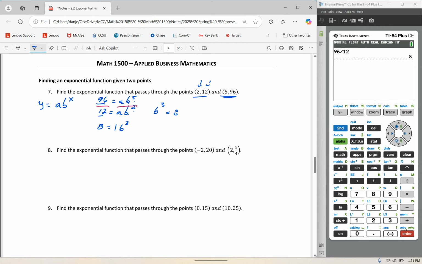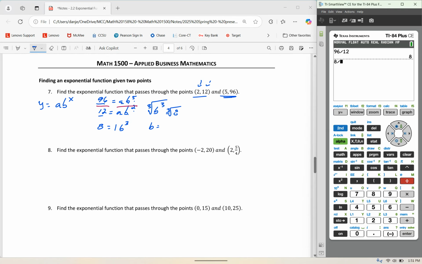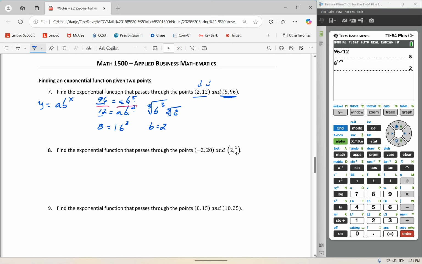To solve this, I'm going to take the cube root of both sides, and b is the cube root of 8, or 8 to the 1/3 power, which is 2. The cube root of 8 is 2. So my equation is y equals a times 2 to the x. I'm going to take either the (2, 12) or the (5, 96), and plug that in for x and y again.